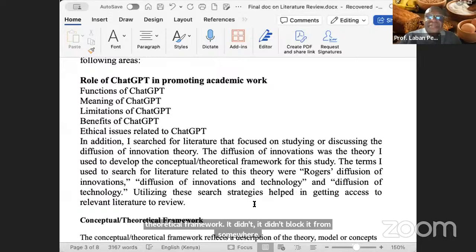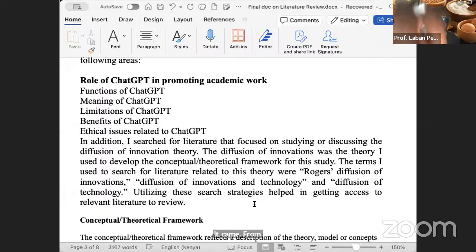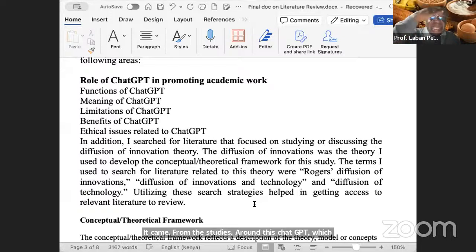It came from the studies around this ChatGPT, which is an innovation, which relates to diffusion and technology, and also relates to who will partake of it, the early adopters up to the laggards. So all that came up.